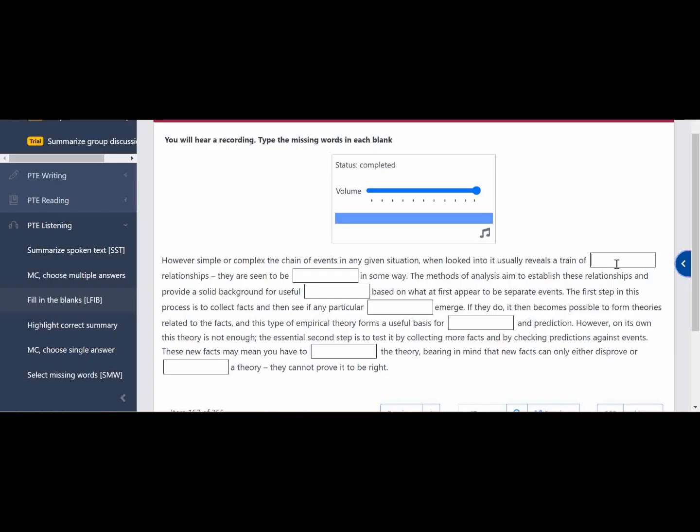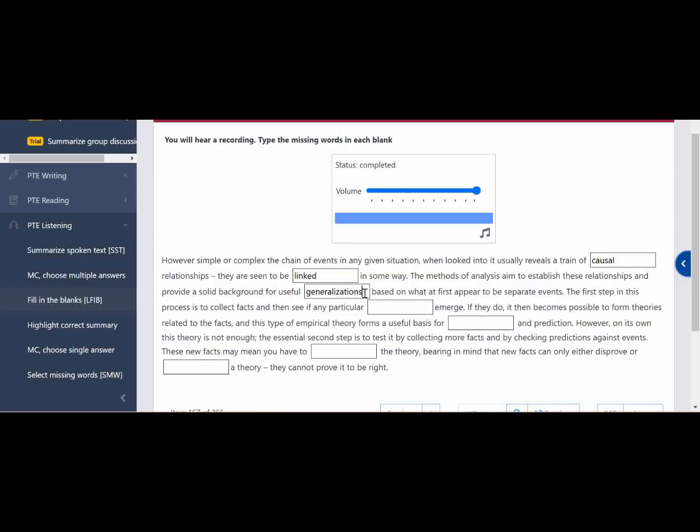So first one is train of causal relationships. Next one is linked. Be, with be we use third form of verb. Next is useful generalization. So you can write generalization with S or Z also.